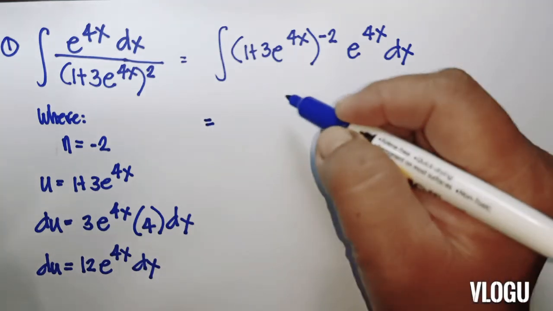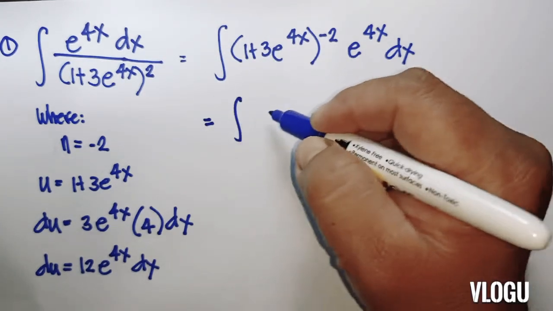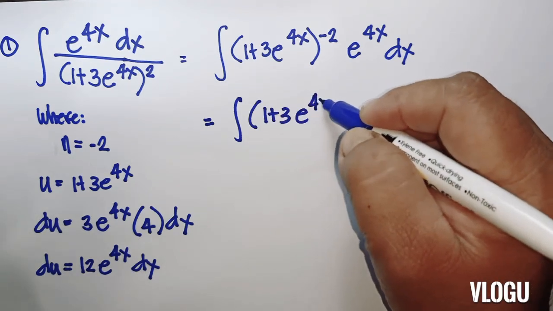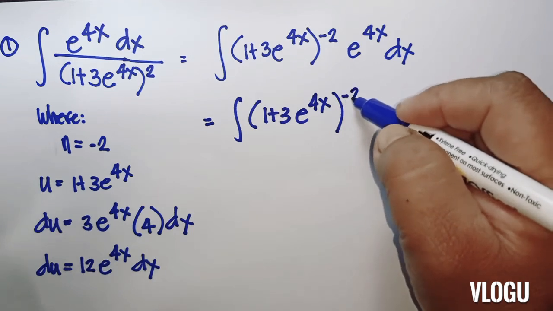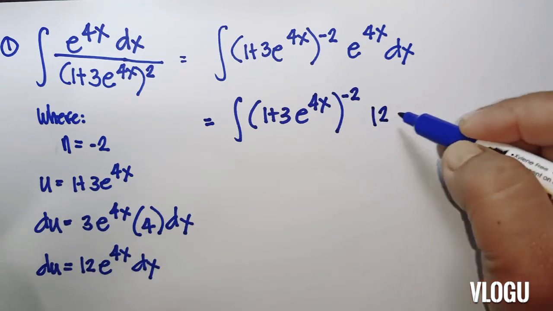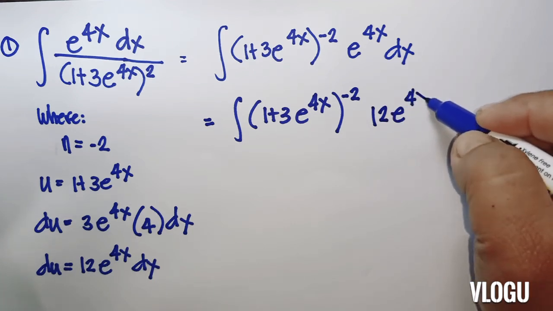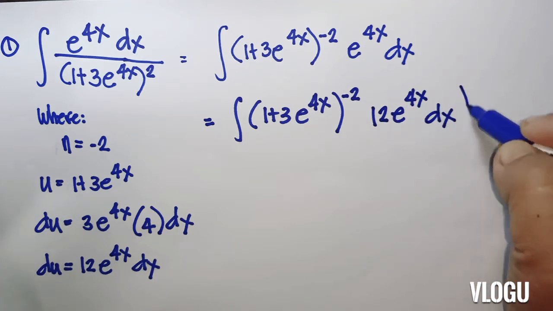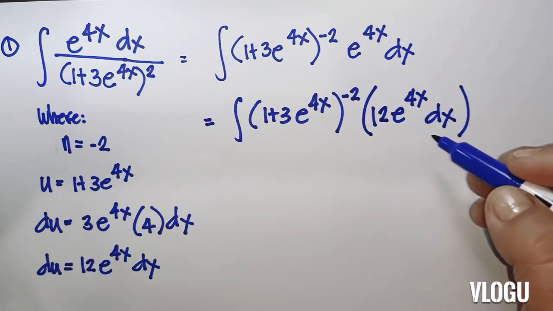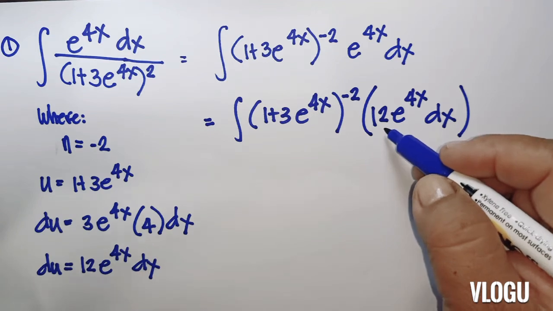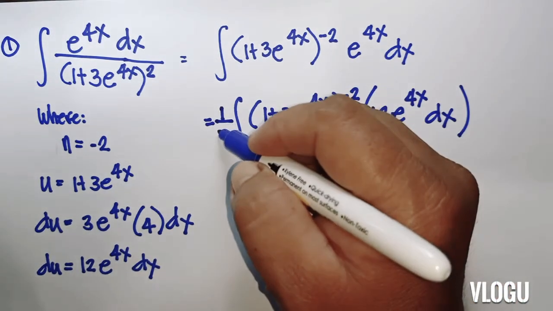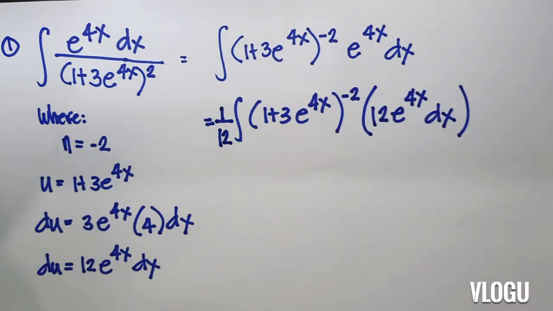We will have the integral of (1 plus 3e to the 4x) to the negative 2, and our du is 12e to the 4x dx. This is now our du. So therefore, we multiply by 1 over 12.